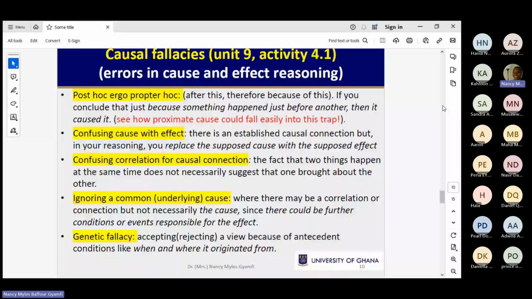No. This one, the two events happen at the same time frequently. You see that? So there's frequency. So that's why you are thinking of the correlation as if it is a causal connection, as if it is one that is causing the other.